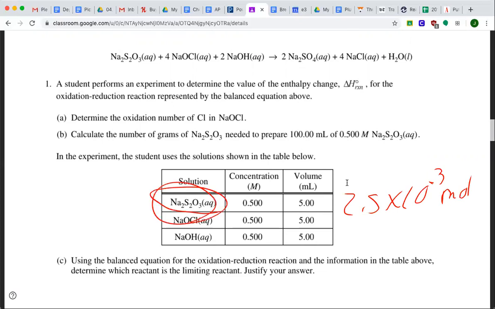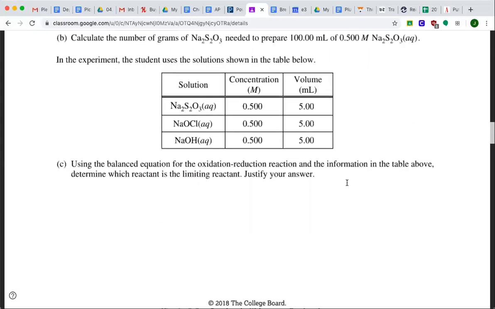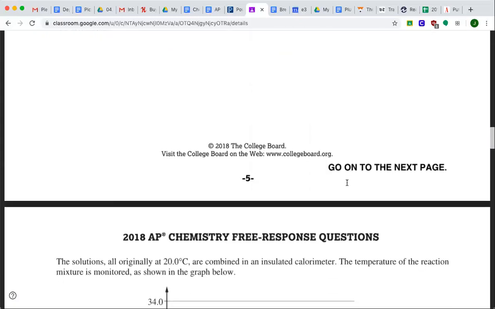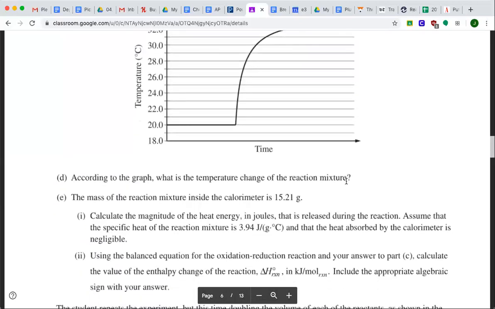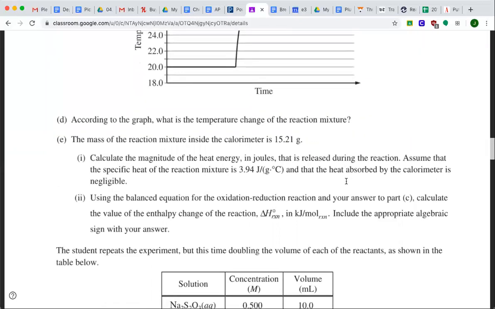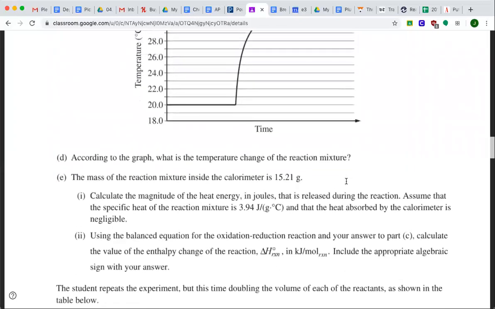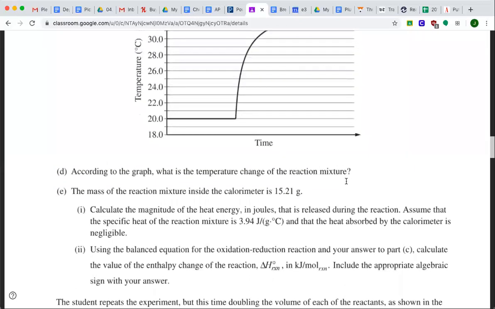Not that guy, this guy. This is the only guy that reacts completely. So we want per mole of reaction, right? Let's go ahead and do this in the conversion factor way. I like that the best. We're kind of low on screen real estate, and unfortunately, I can't share a whiteboard easily.